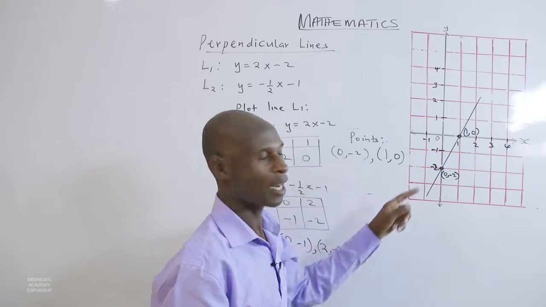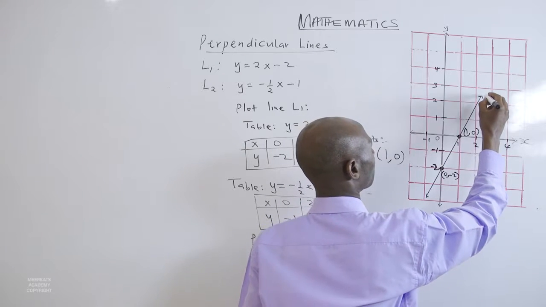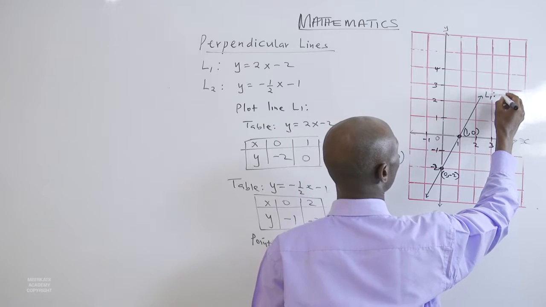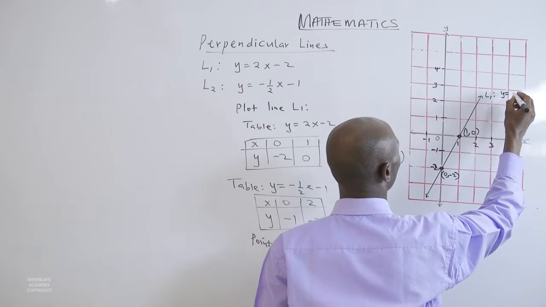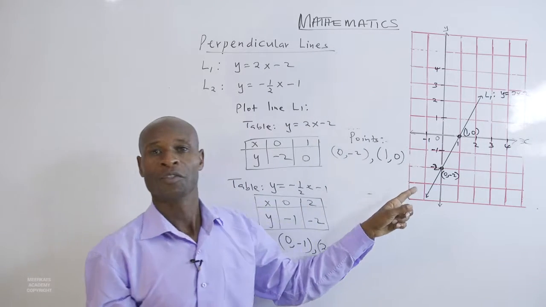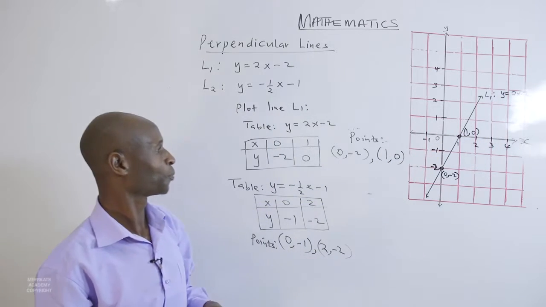Then we identify that line as line 1. So the equation for that line 1 is y is equal to 2x minus 2.